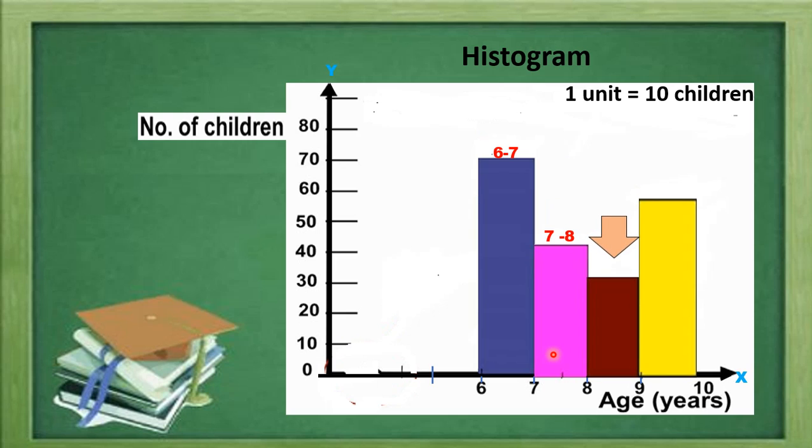The third rectangle shows 30 children in the age group 8 to 9, and the last rectangle shows 60 children in the age group 9 to 10. In this way we draw the histogram, where there is no gap between the bars, which shows the continuous data.